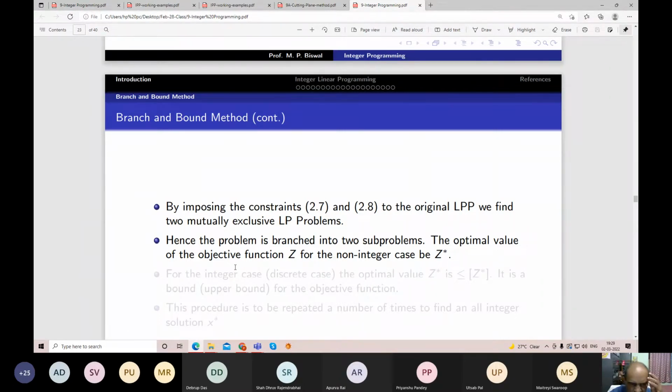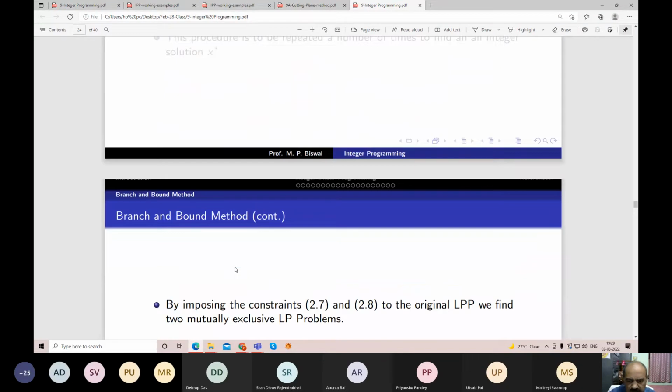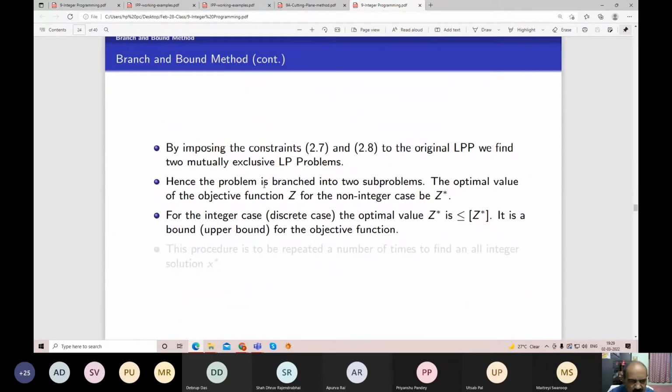The optimal value of the objective function Z for the non-integer case is Z star. For the integer case, integer is discrete, the optimal value has to be less than or equal to the integral part of Z star. It is an upper bound to the objective function.